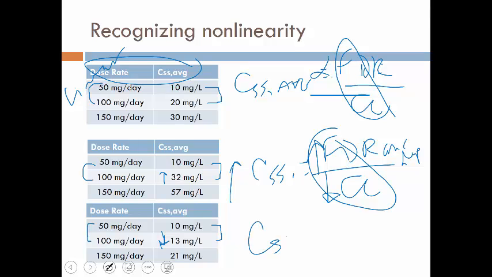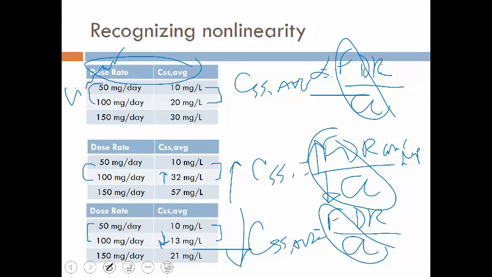So in this case, CSS average is bioavailable dose rate over clearance. Again, we expect those to remain the same, but in this case our CSS average was less than what we expected. Therefore, clearance must be increasing with increasing dose, or bioavailability decreasing with increasing dose. So this equation is important.